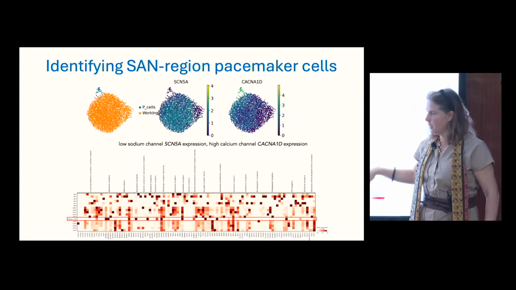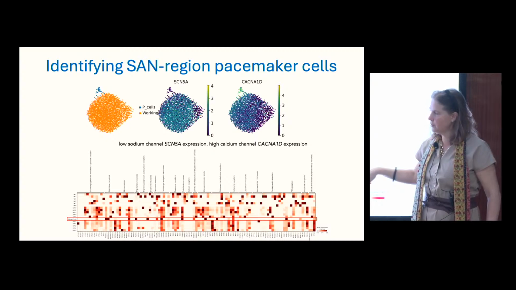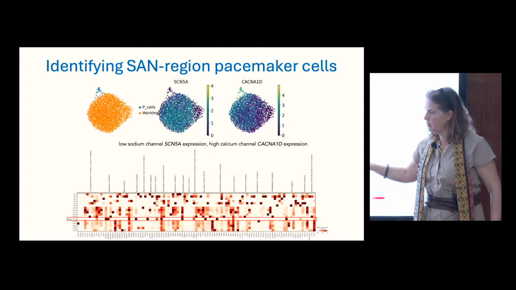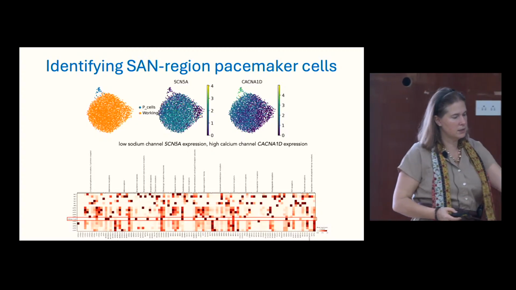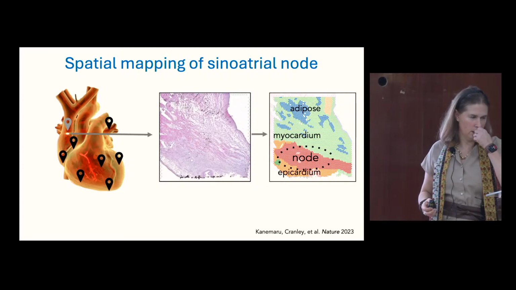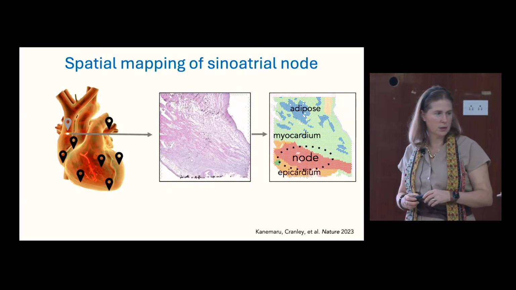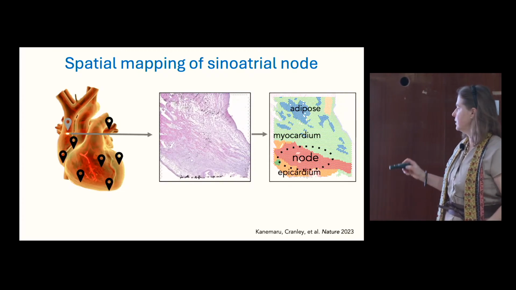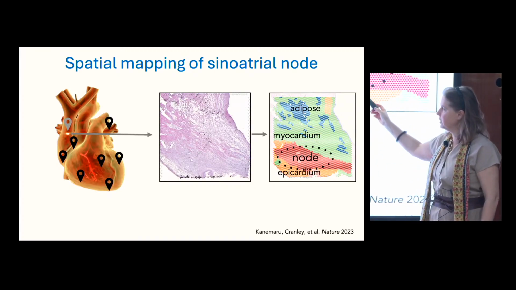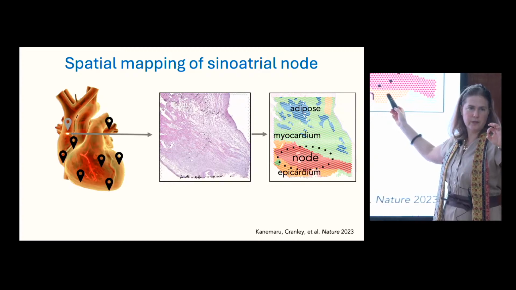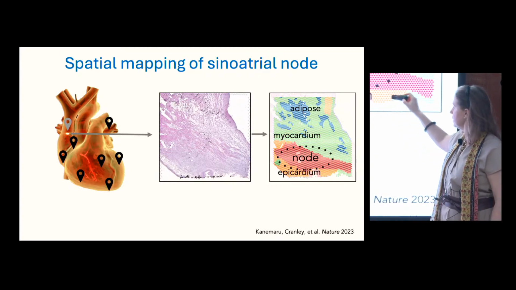And this box are the pacemaker cells, and you can see they're different and have a distinct channel and receptor expression pattern compared to the cardiomyocytes and neuronal and glial cells. And what gave us more confidence was also that we integrated this suspension cell data with spatial transcriptomics. So this was 50 micron Visium spatial transcriptomics.